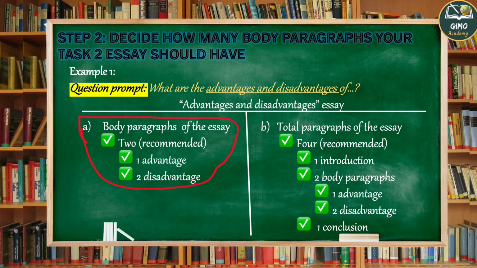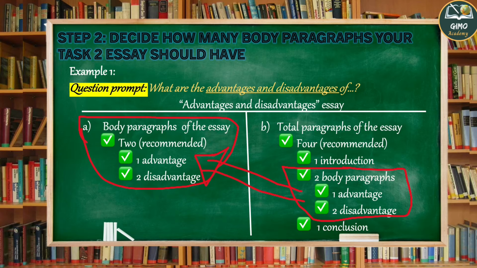As you can see, we can compare the left side to the right side, the body paragraphs in this case. And that's it. This is how you can move on from the first step to the second step when you are writing your task 2 essay.